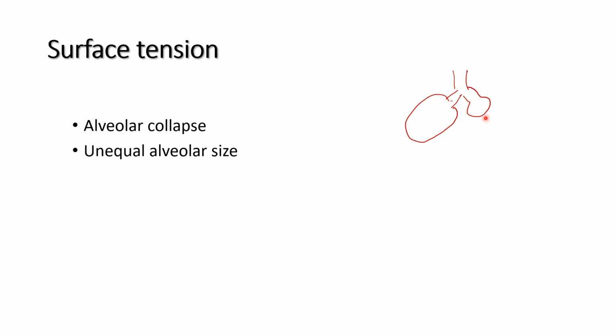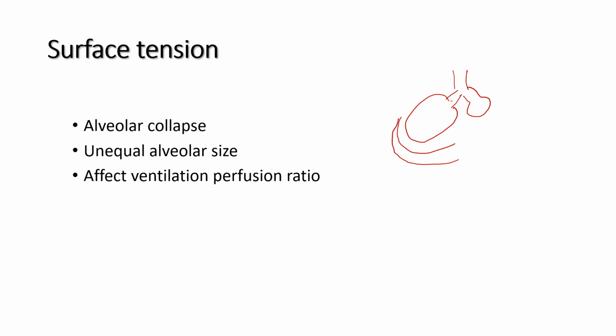Alveolar size becomes unequal. Because of the pressure, air enters the larger alveoli, so the larger alveolus remains larger, and due to surface tension the smaller alveolus remains smaller. This produces unequal alveolar size and affects the ventilation-perfusion ratio. In the larger alveolus more air enters and it is more ventilated, but less perfusion occurs.